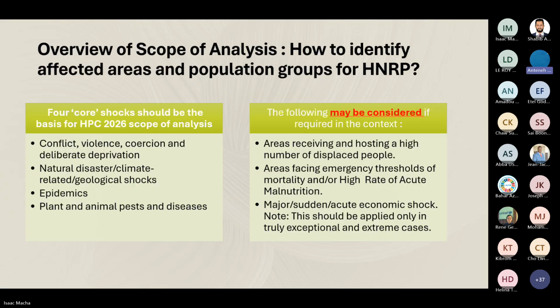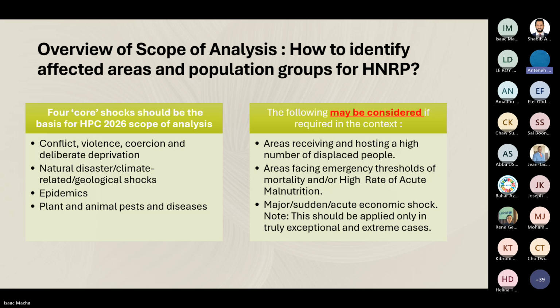So in terms of scope of analysis, what is new this year is that there are what are called core shocks that should be the basis for the HPC 2026 scope of analysis.